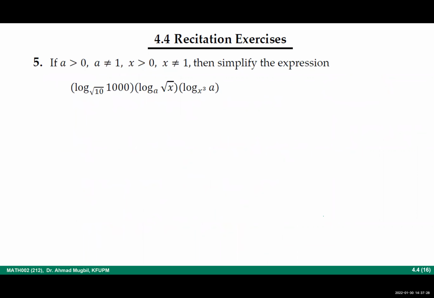Let's now try to solve this. I will give you like 3 minutes. Please try to solve it from 2 to 3 minutes. You have here a is positive, not 1, x also the same. Then you need to simplify this expression as much as possible. Simplify such expression.